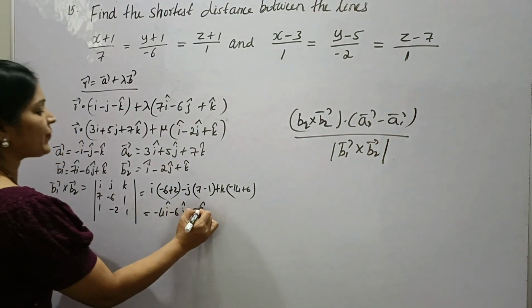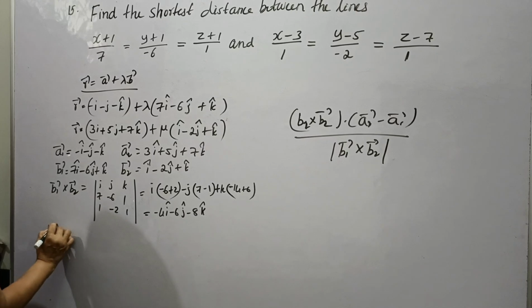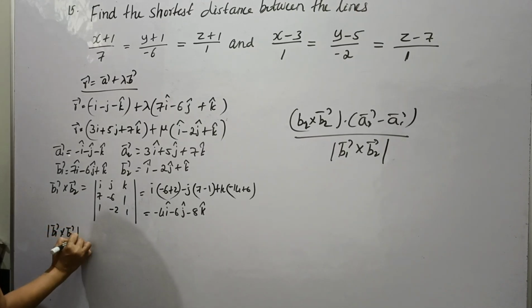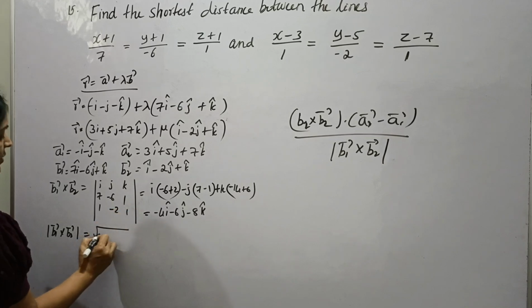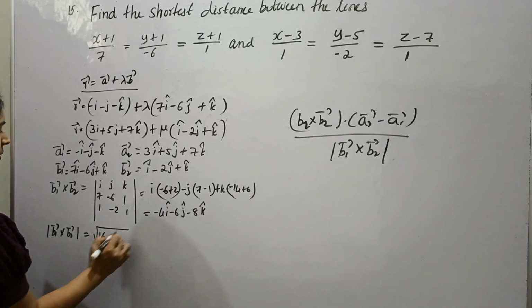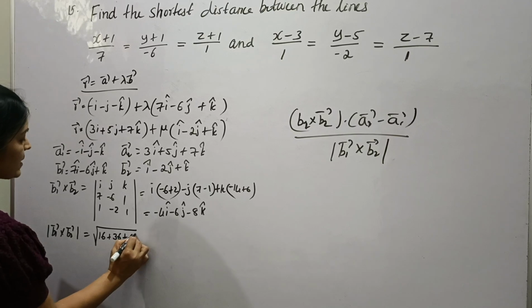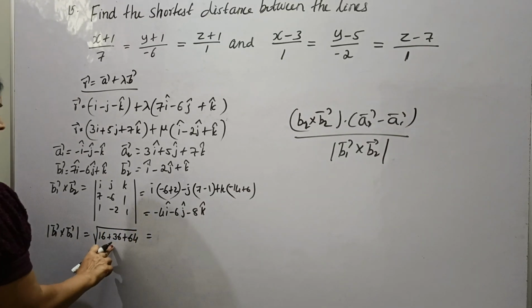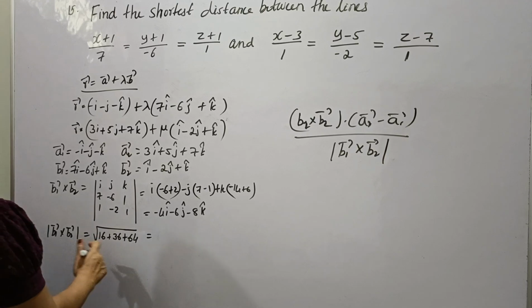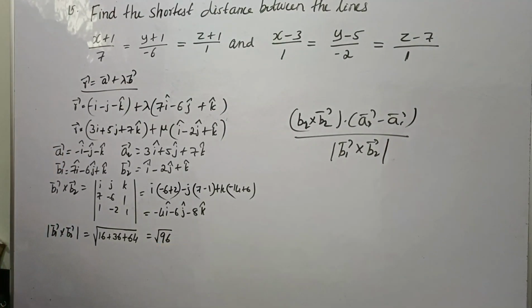Now let's find the modulus of vector b1 cross vector b2. That is equal to square root of 4 square, 16, plus 36 plus 64, that is 116.